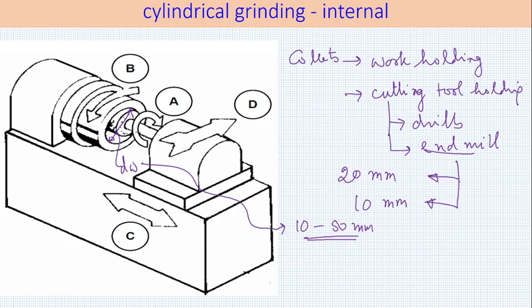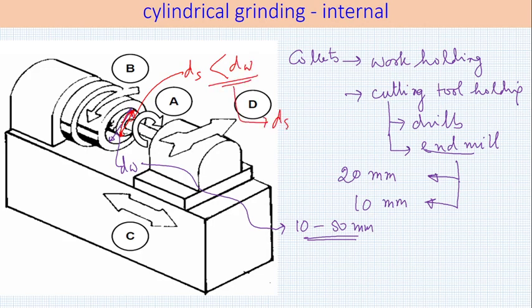So the diameter of the cutting tool, that is the grinding tool, which is shown here, DS, would have to be much less than DW.